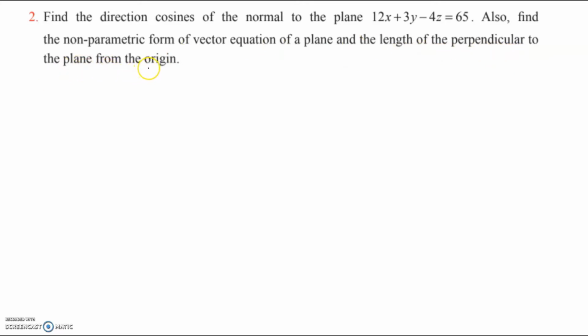So we are asked to find 3 things here. First, find the direction cosines of the normal. The second thing is the non-parametric form of the vector equation. And the third thing is the length of the perpendicular to the plane from the origin.